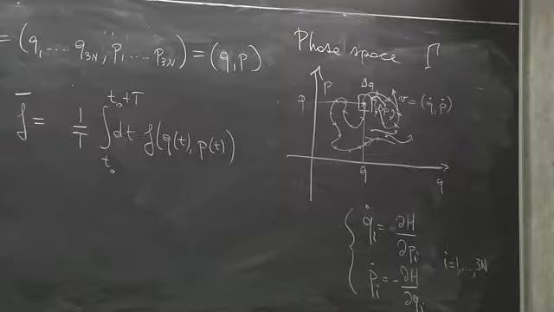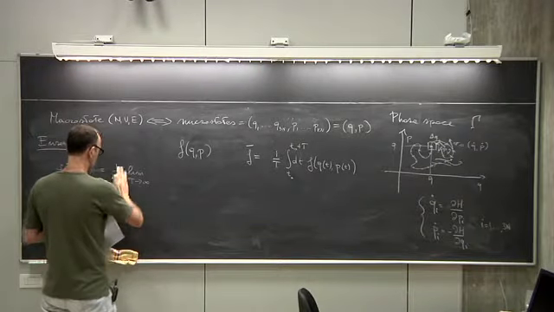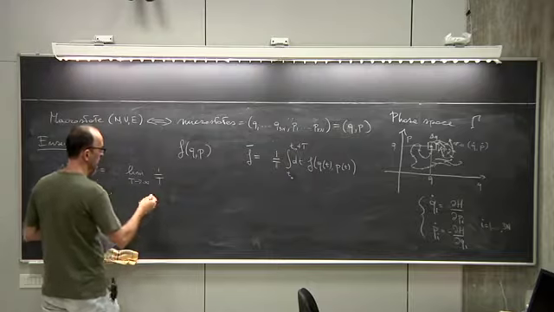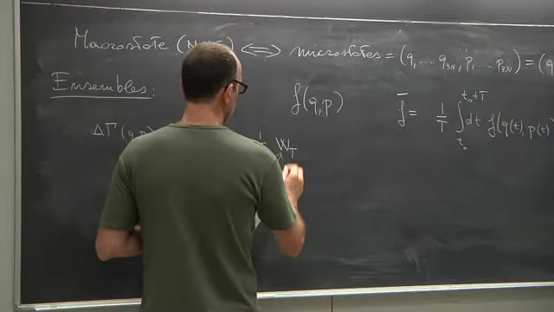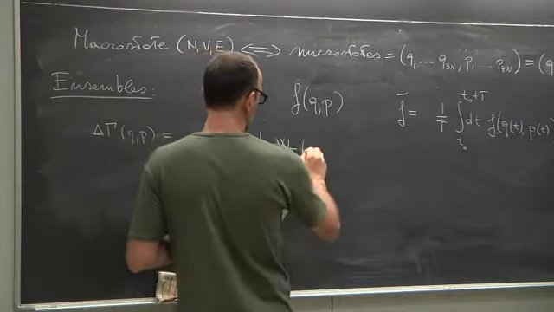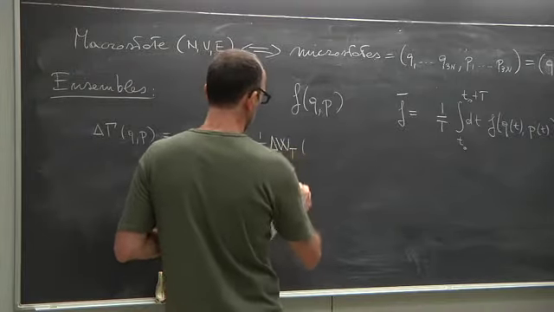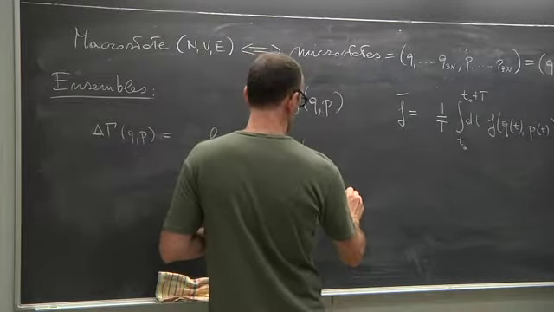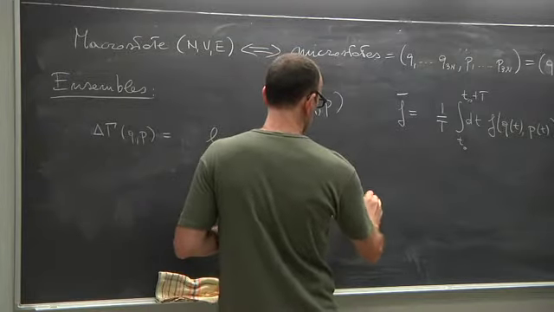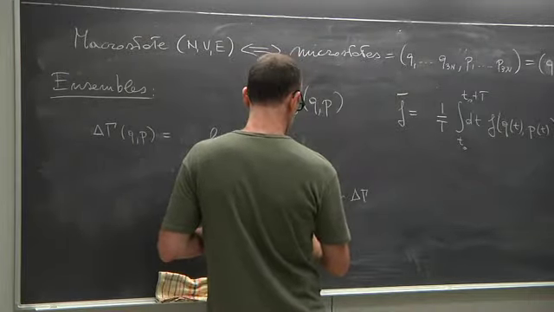So you want to define this object as 1 over t times the limit as the time goes to infinity of the time spent in delta gamma by the system.